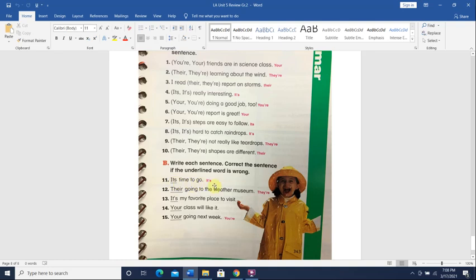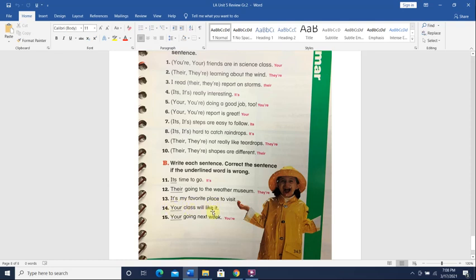Okay? With the apostrophe contraction. Their going to the weather museum. There, here they are. The one with the contraction. Its my favorite place to visit. Its the possessive. It is my favorite place to visit. No, number 13 is correct.